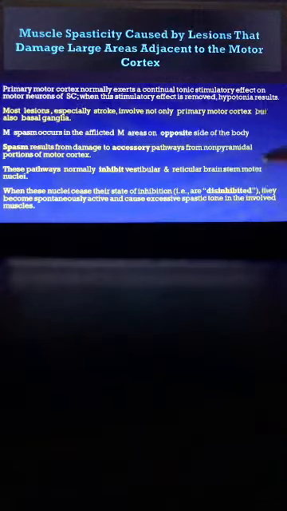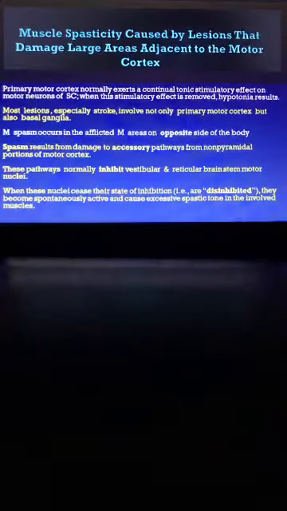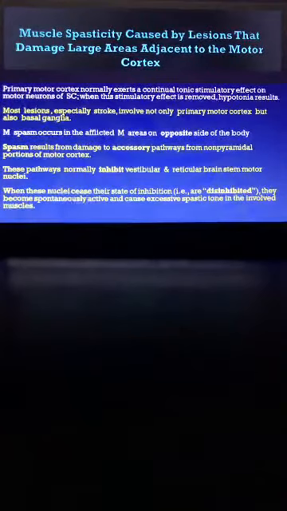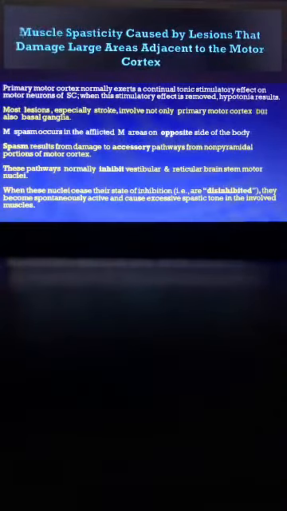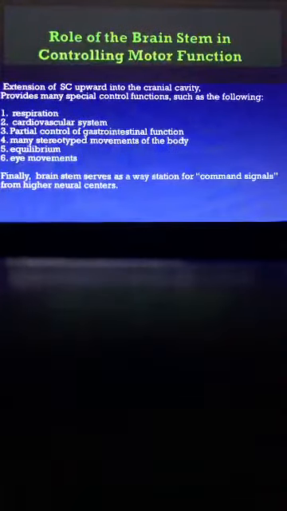These pathways inhibit the vestibular and reticular brainstem motor nuclei واللي هي أصلا راح تكون disinhibited، يعني these nuclei will be disinhibited. ينتج عنها over excitability باتجاه spasticity. spasticity يعني التشنج، يعني عكس الهايبوتوني.